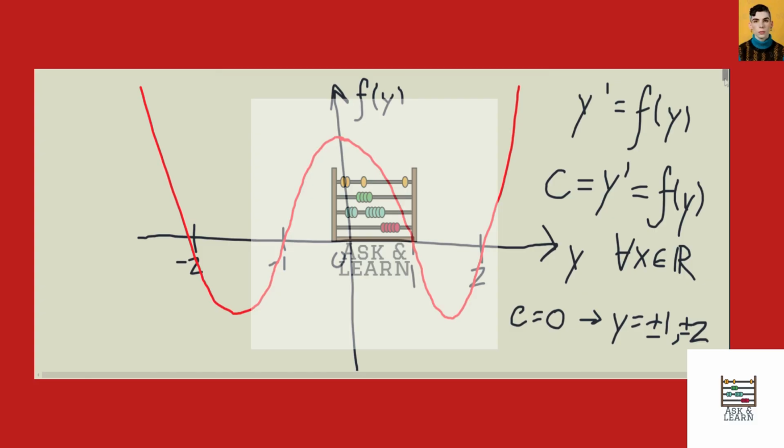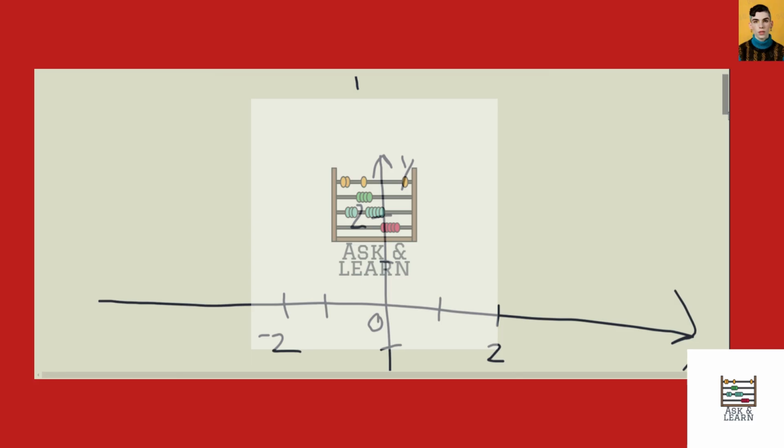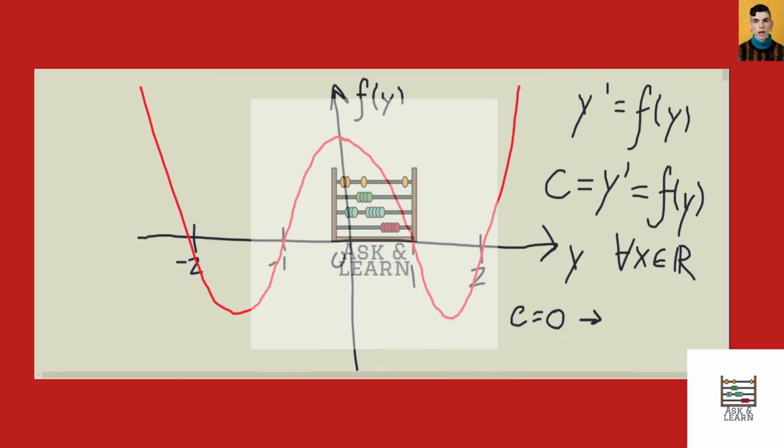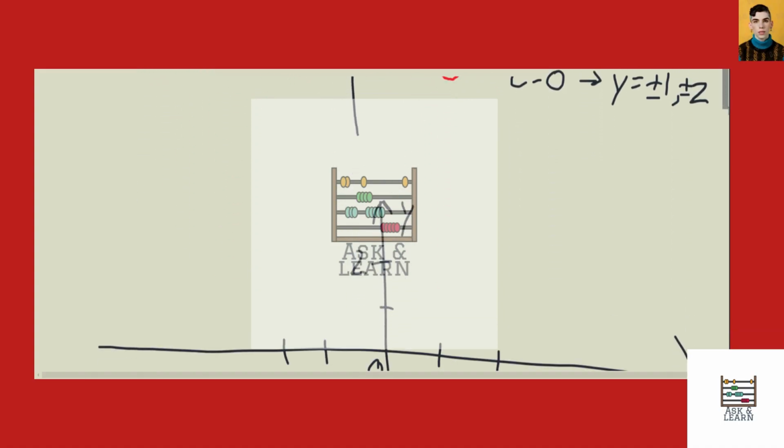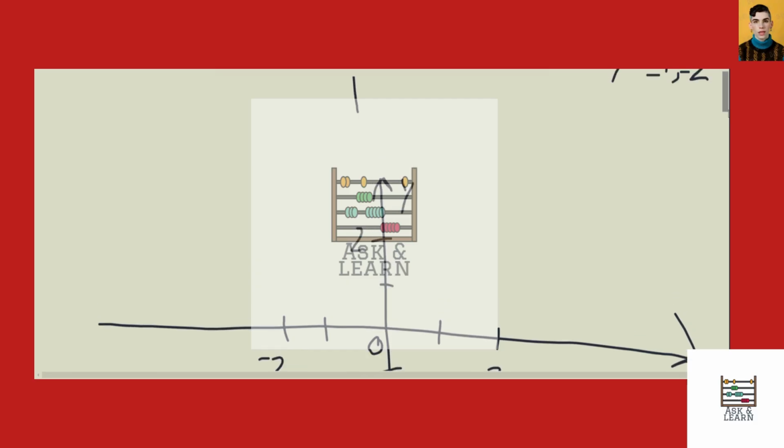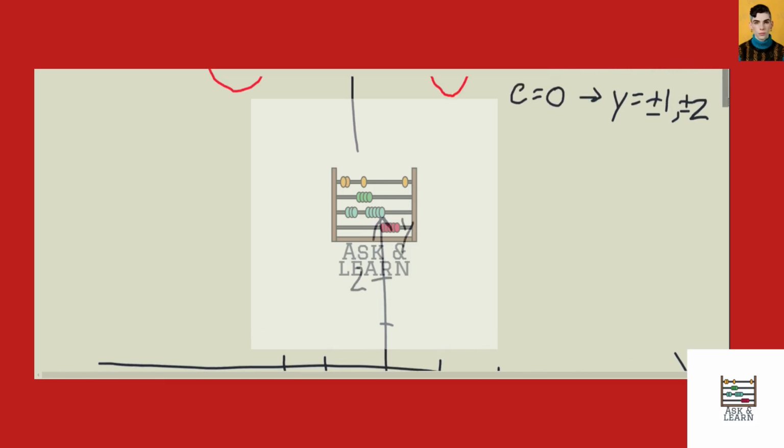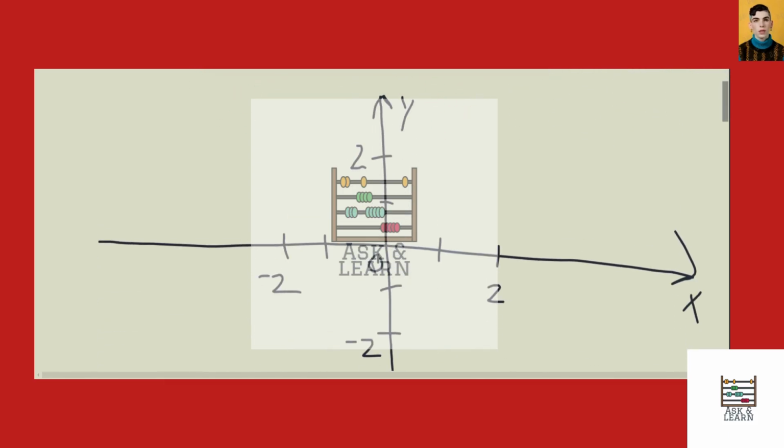So to summarize this, c equals 0, and it follows that y is equal to plus or minus 1 or plus or minus 2. And this is for all x. So we see that along the lines y equals 1, minus 1, 2, and minus 2, we have a slope of 0.